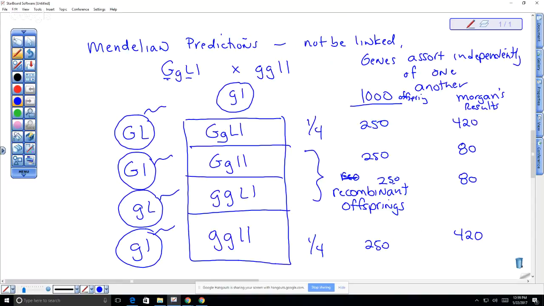What mechanism happens in prophase 1 of meiosis 1? Anybody remember? In prophase 1 of meiosis 1, you get a shuffling of the chromosomes, and that is called crossing over, right? So this is explained by crossing over.